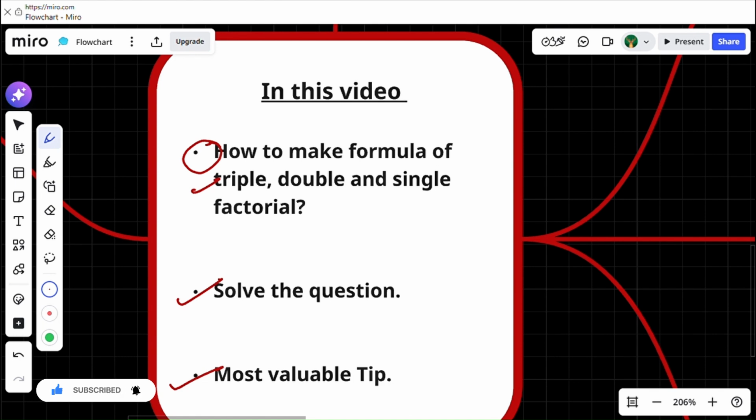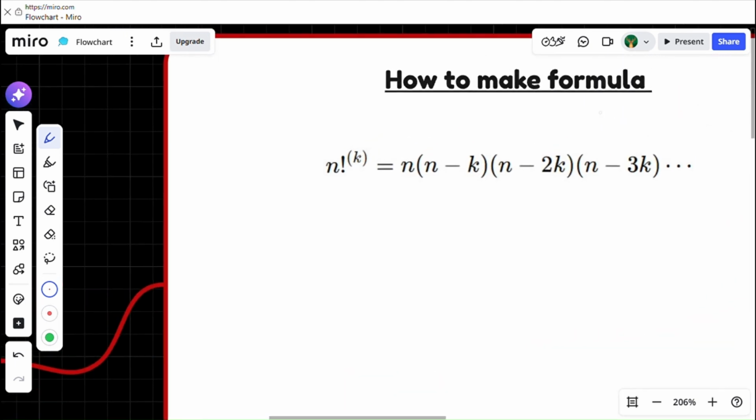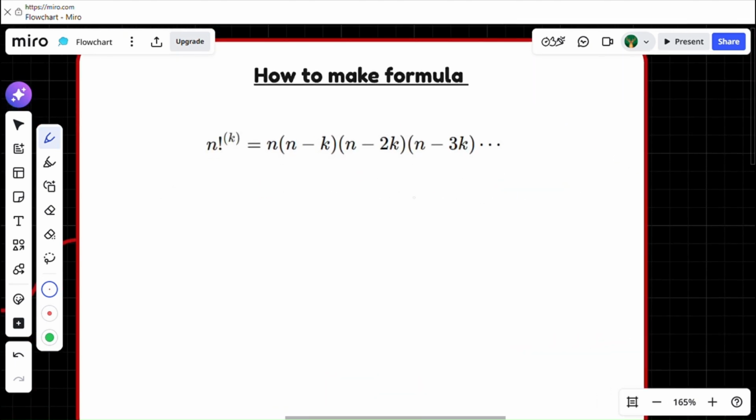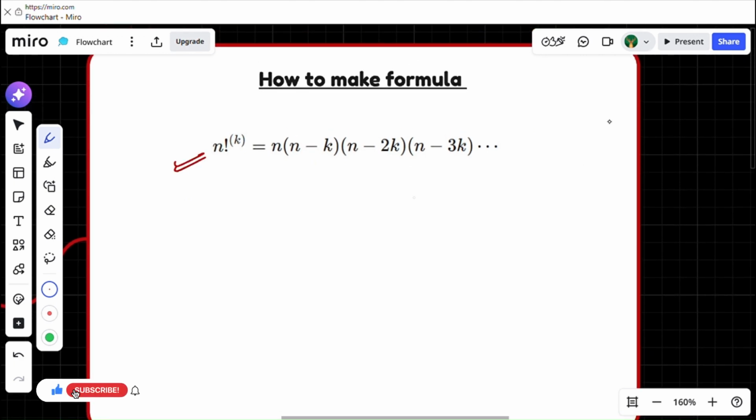So we can start the flowchart, and now we can see this is a general formula. Now we can see that this is the factorial power, so k is a natural number.